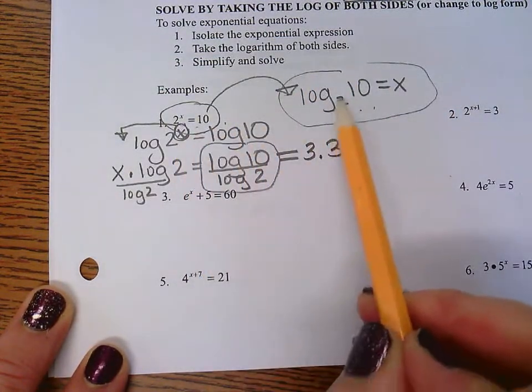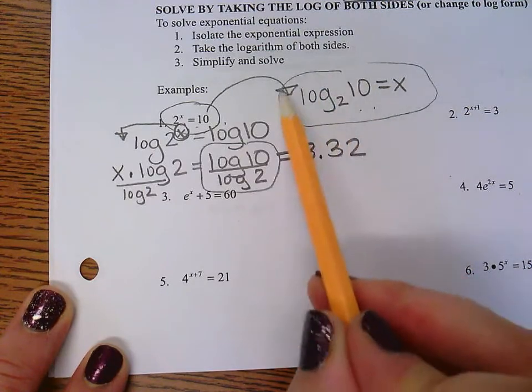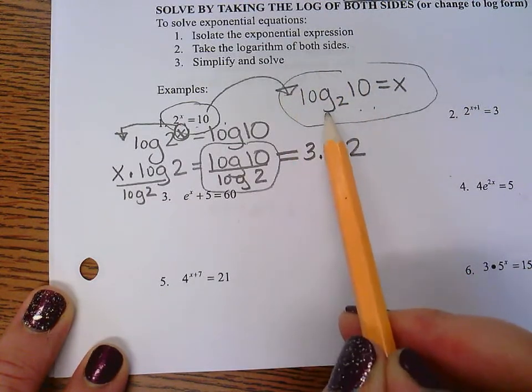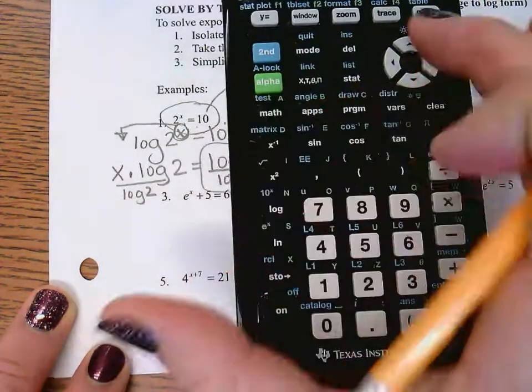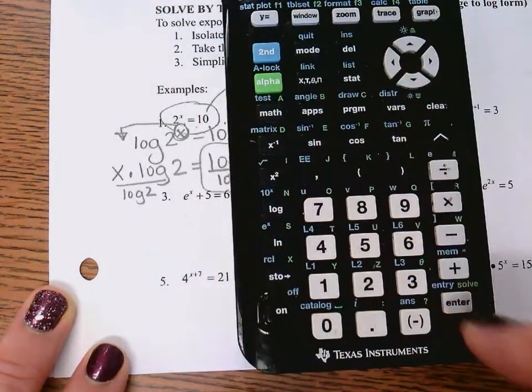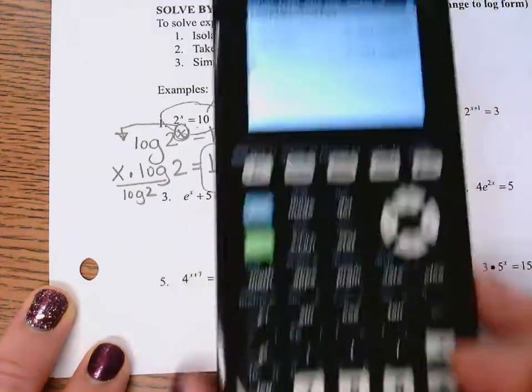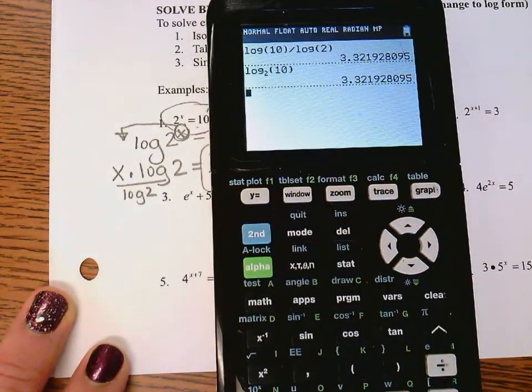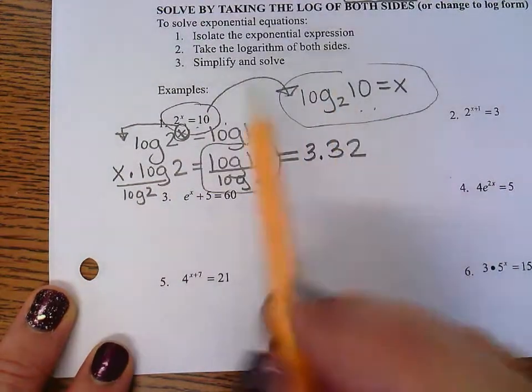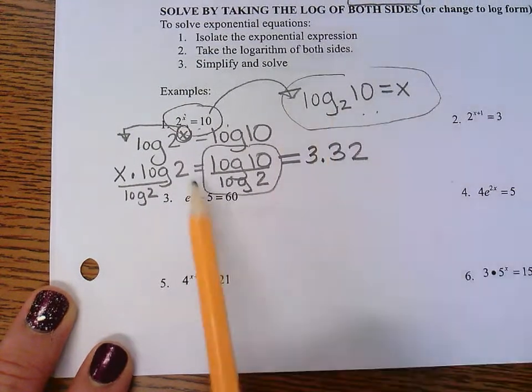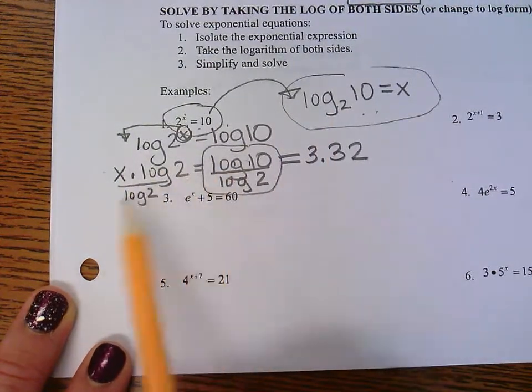So can't you just type the log base 2 of 10 into your calculator? And that's under the math log base key. So the log base 2 of 10 gives me that same answer, 3.32.